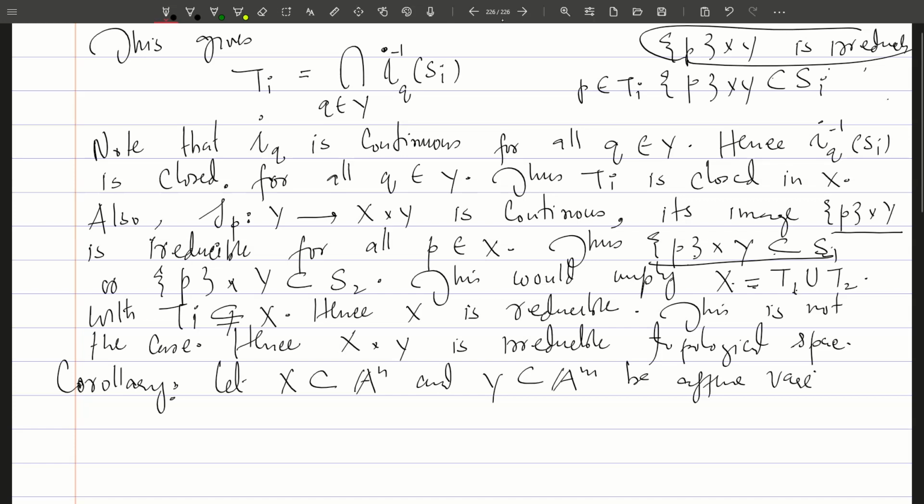We know that by variety we mean irreducible algebraic set. So they are affine varieties. Then X times Y is also an affine variety.